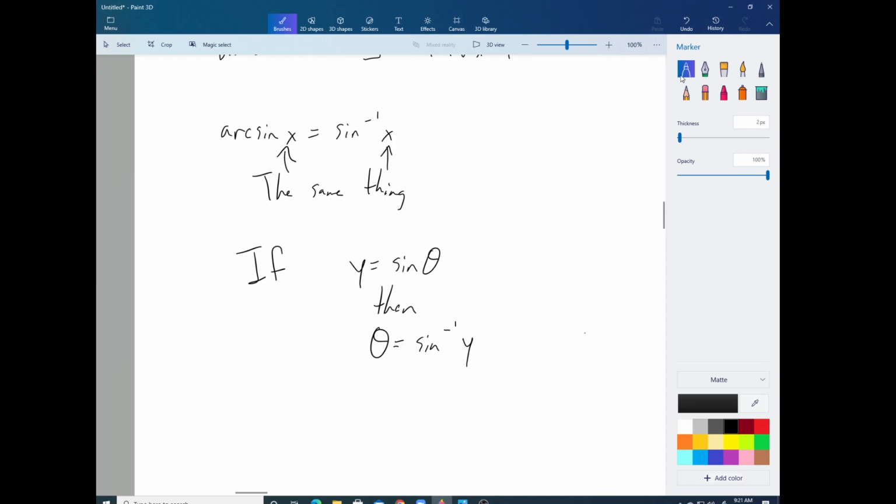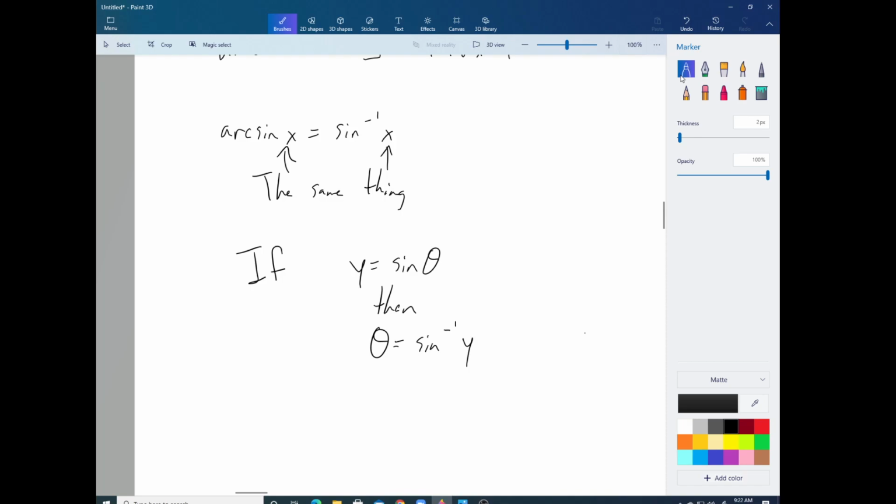And realistically, it just depends on which textbook you're using as to which one they use. In fact, I've seen some textbooks where they just jump back and forth between the two. For whatever reason, your textbook uses arcsine on all of the problems I was looking at last night, whereas your old textbooks probably use the inverse sine, but they mean the exact same thing. It's just another way to write it. As you go off to college, just expect that you could see either one.